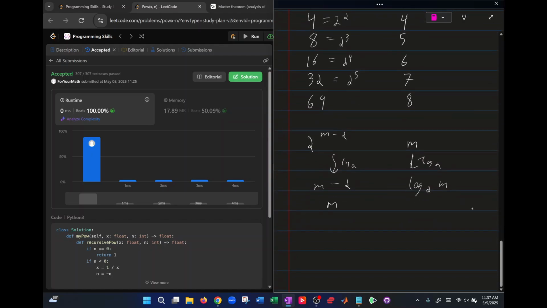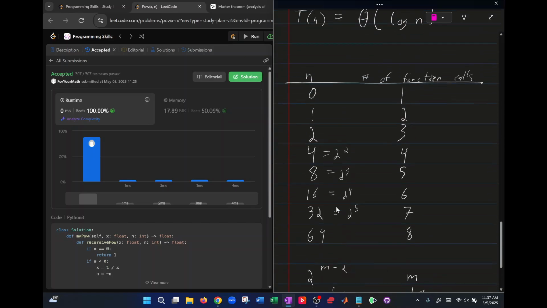And so if you really wanted, what you could do is you could do 2 plus log base 2 of m. And this 2 is just a constant.